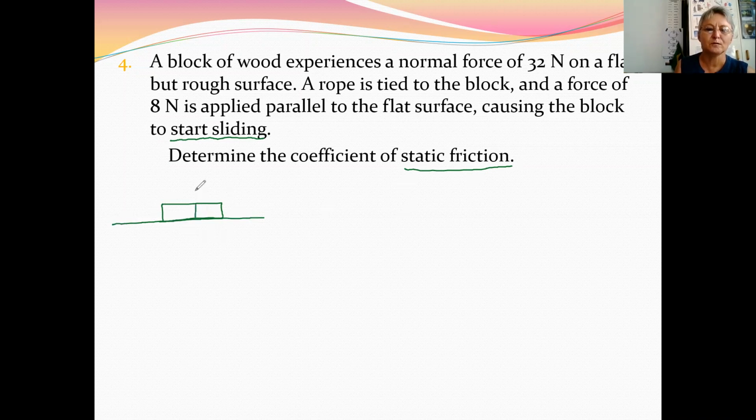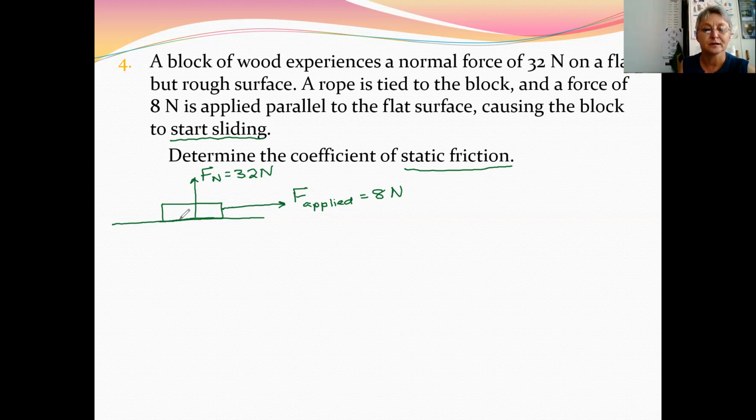There is a normal force of 32 newtons. The rope is tied to the block and a force of 8 newtons is applied parallel to the flat surface, causing the block to start sliding.